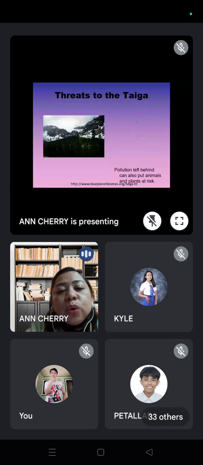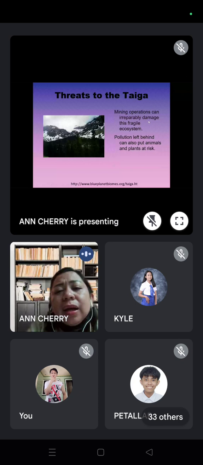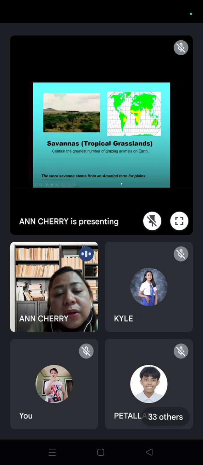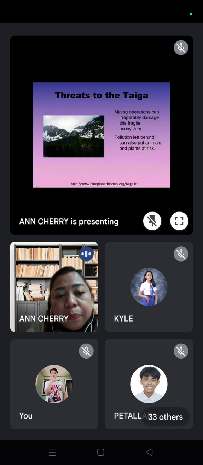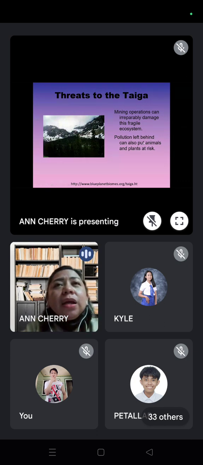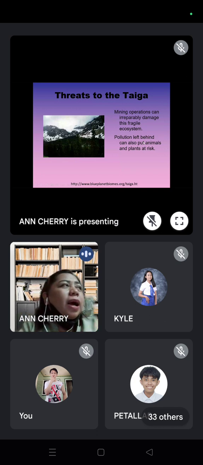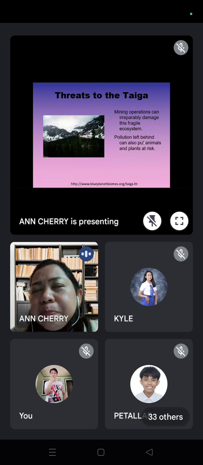So what are the threats to the taiga? Mining operations can irreparably damage this fragile ecosystem. Pollution left behind can also put animals and plants at risk. So mining is a threat to the taiga, and pollution also, because many people go glamping. Now we have another term for camps, no?